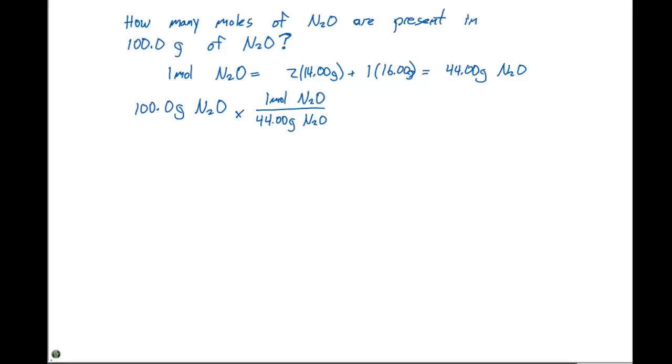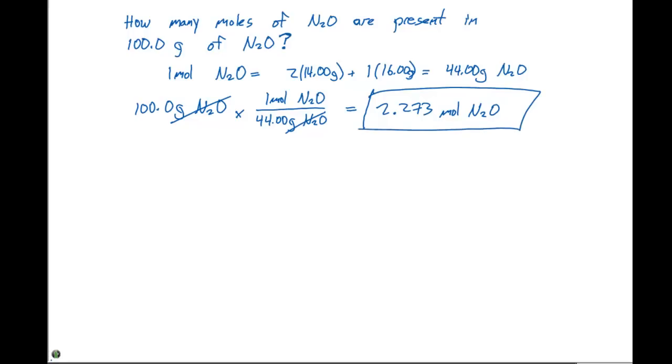So using the numerator-denominator form, we can say that 100.0 grams of N2O times 1 mole of N2O over 44.00 grams of N2O, we cancel out the grams. We're left with moles of N2O, and this gives us 2.273 moles of N2O.